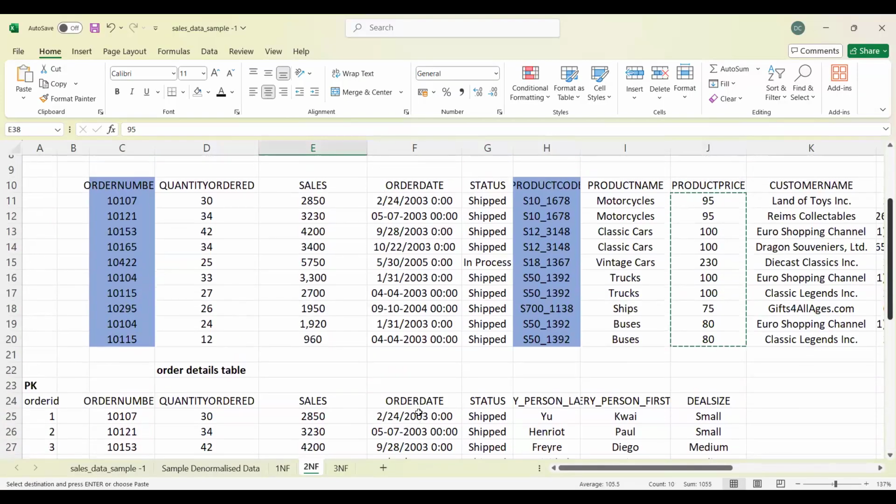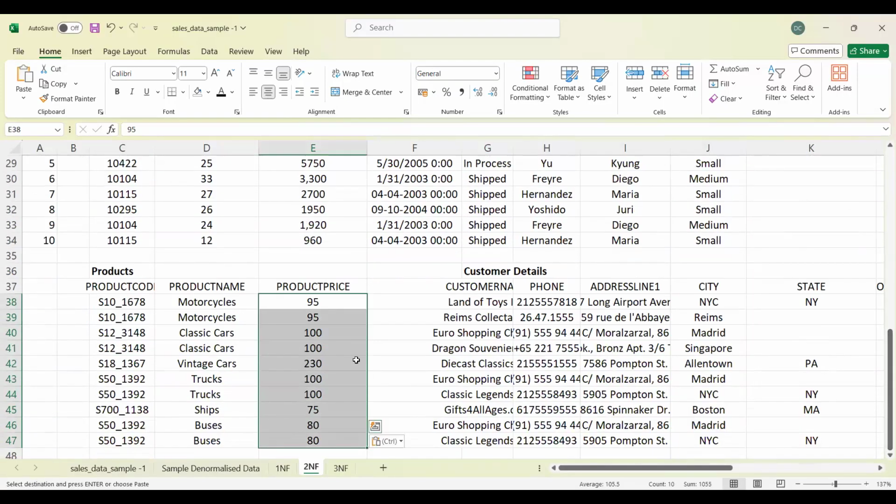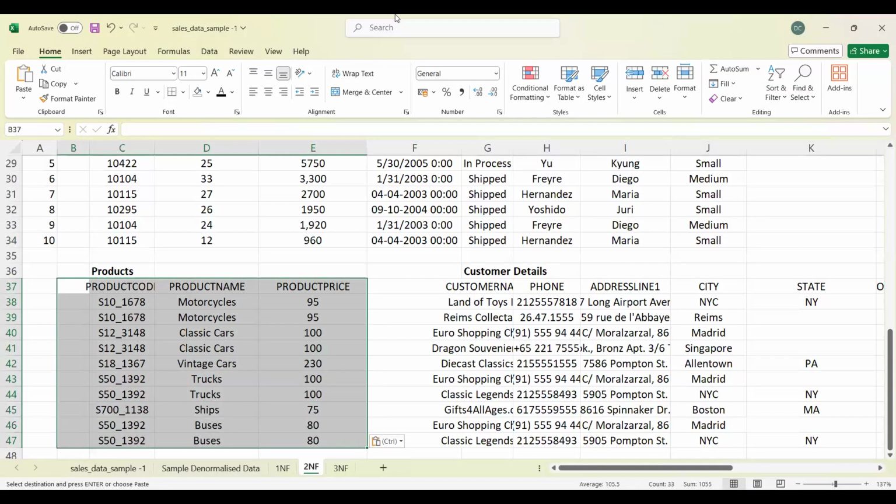Sorry for that, maybe I didn't see that column at that time. So here you can see I have product code, product name, product price. We need to create a primary key for this also. Maybe we need to continue this in another class.